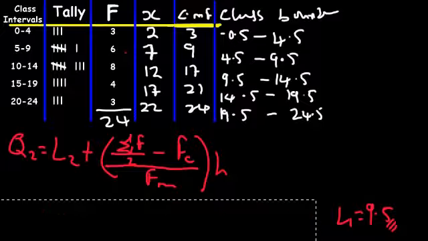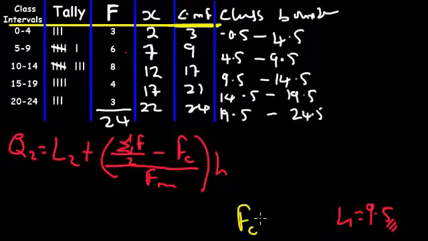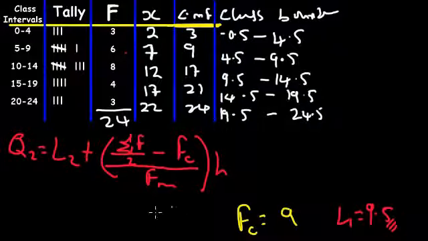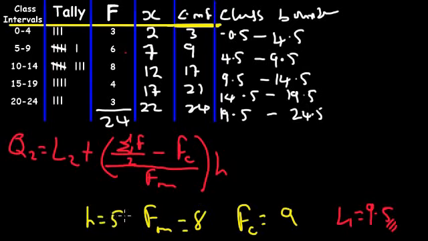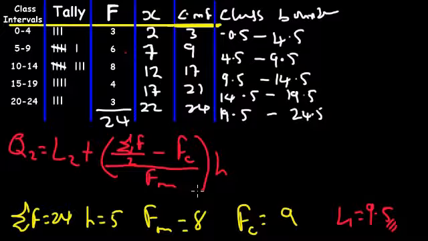What will be f sub c? That would be the cumulative frequency below the Q2 class, that's 9. What about f sub m, the frequency of the Q2 class? That's 8. H is still 5. And finally, summation of f is 24. So we have everything we need.